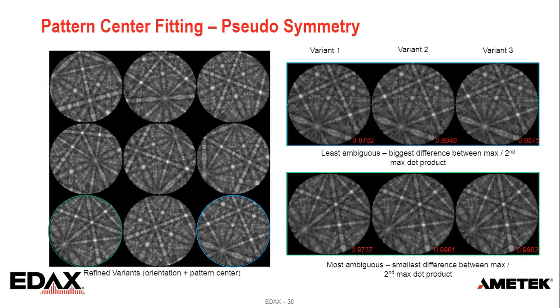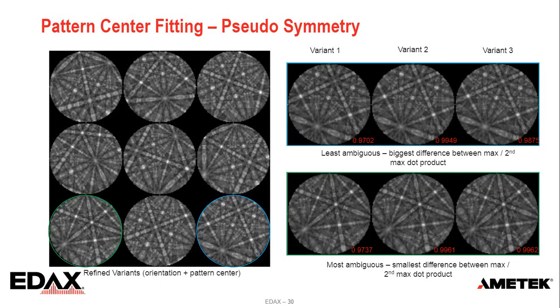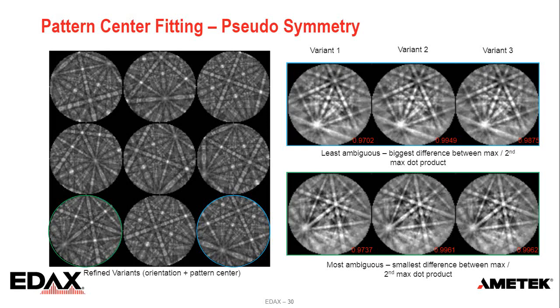So on this slide, which is now not animated, you can see the values here without the animation at least. Again, the red numbers are the dot product, and you can see between the simulated patterns and the experimental patterns, there's an extremely small difference between the variants.